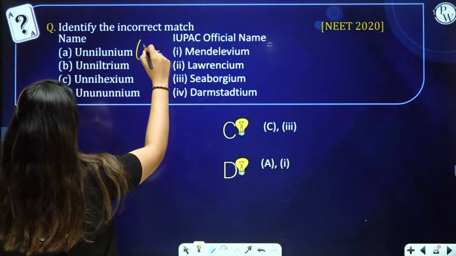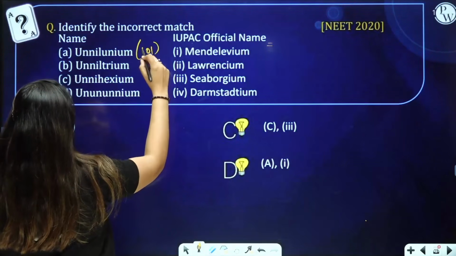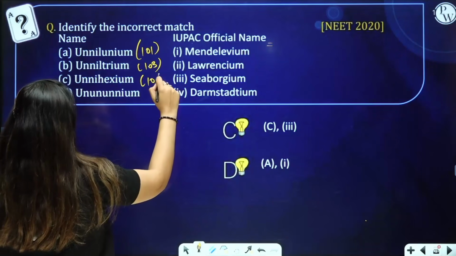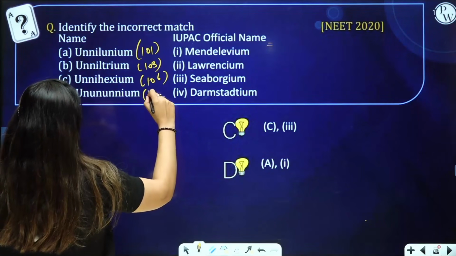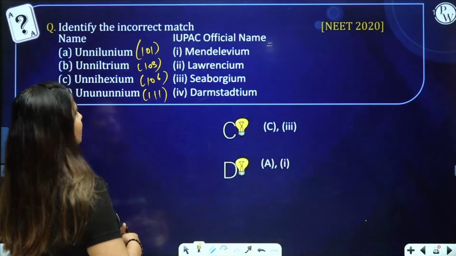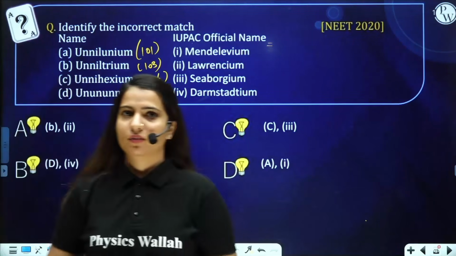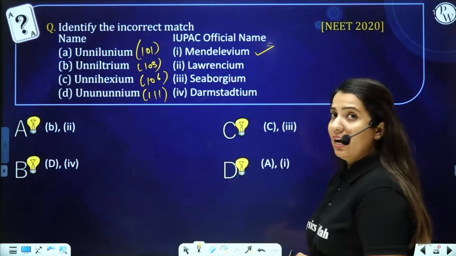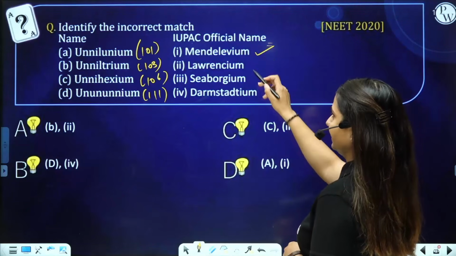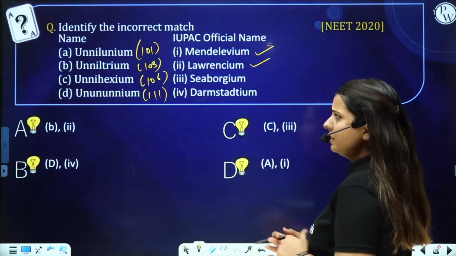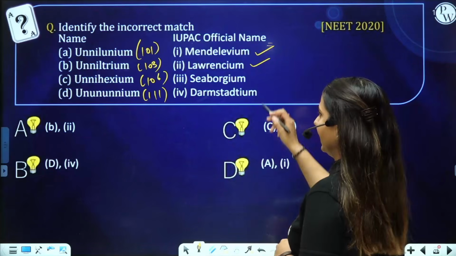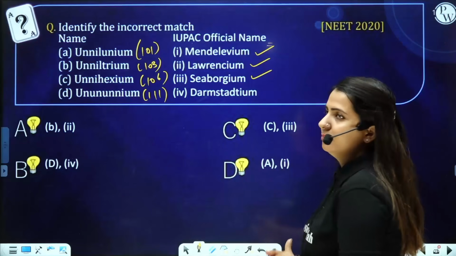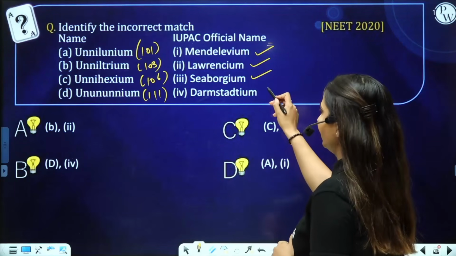Unnilunium, unniltrium, unnilhexium, and ununnilium. Okay. So 101, very true, is Mendelevium. That is correct. Unniltrium, Lawrencium. That is also correct. Unnilhexium, that is Seaborgium. That is also correct. But the last one is not correct.